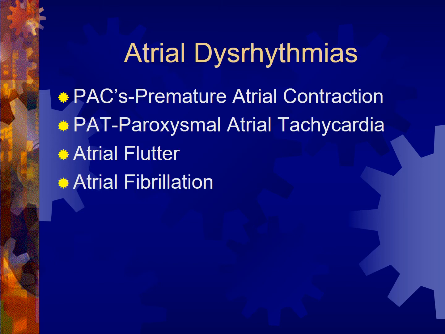Again, with CHF, you're going to see pretty much atrial rhythm problems with this process. So when you start to see PACs, PATs, or atrial tach, atrial flutter, atrial fib, again, the questions you want to ask are, what other disease processes could impact this, especially the thyroid disorders.